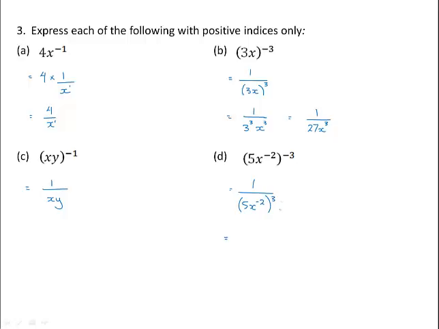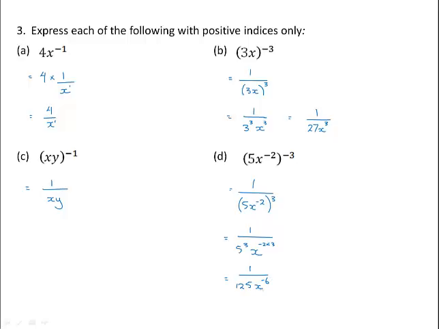If we evaluate this way first, that would be the same as 1 over 5 cubed x to the minus 2 times 3, or 1 over 125 x to the power minus 6.